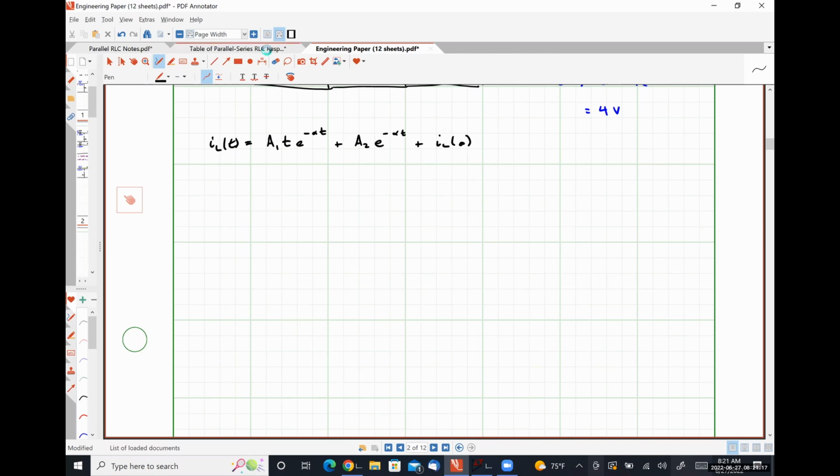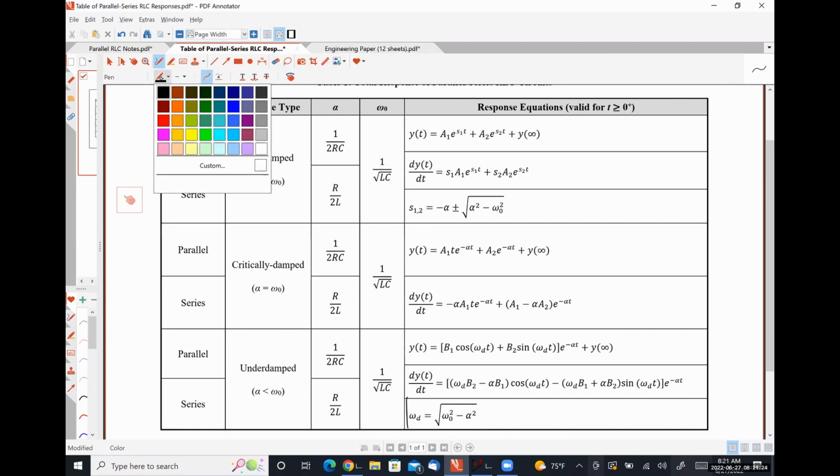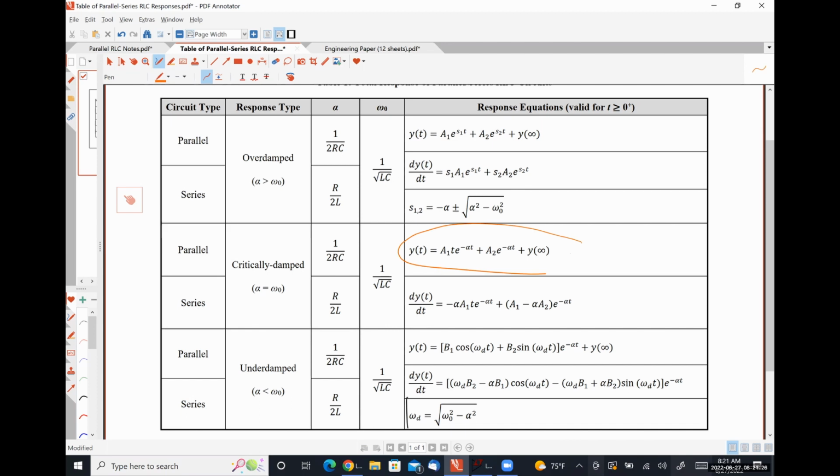Just to make sure, I'm going to pop over here to my table, and I'm using this relationship right now. Looks like I've transcribed everything correctly. We already know what alpha is, so we don't need to do any other manipulation of this or determine any other quantities.